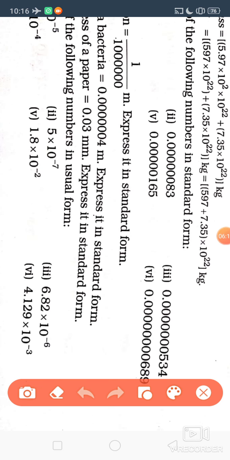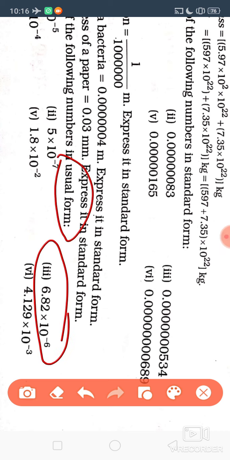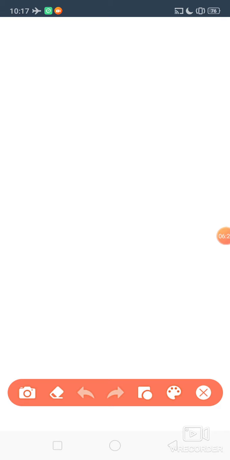Come to another question. Question number 3. We have to write it in usual form: 6.82 into 10 to the power minus 6. Okay, in the same way we will do. So what is given here? 6.82 into 10 to the power minus 6.